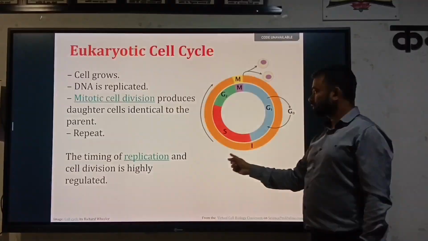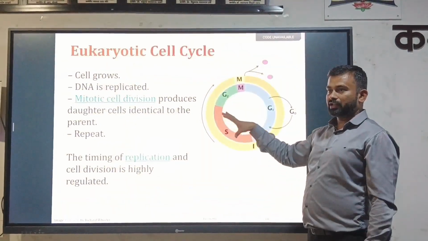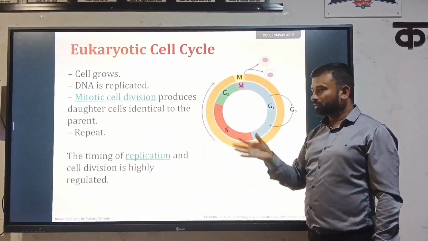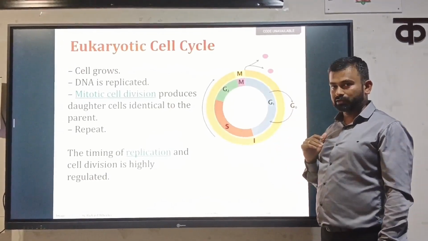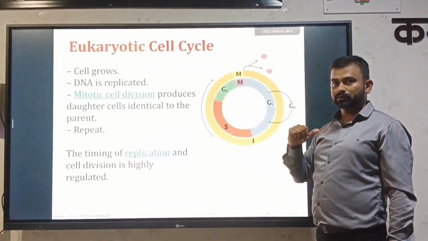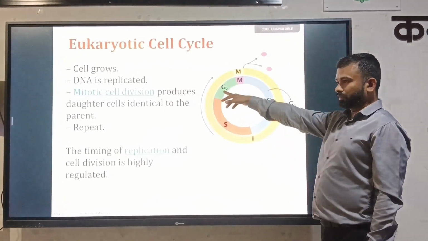Here the DNA replication takes place, and if the DNA replication is completed, then the cell cycle moves towards the next phase, known as the G2 phase. In the G2 phase, the DNA replication errors get corrected. If there are errors in the DNA replication, they will be corrected during the G2 phase, and only if all the errors are corrected will the cell move towards the next phase, which is known as the M phase.